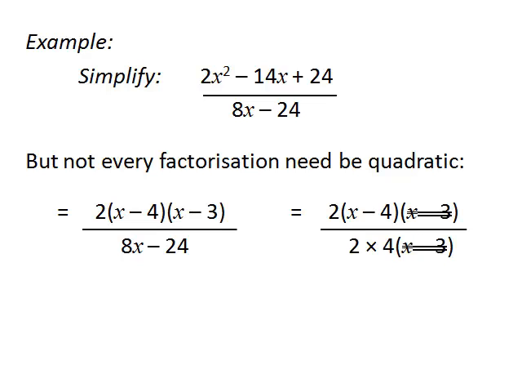So 8 is 2 times 4, and we can cancel that out. That leaves us our answer, the x minus 4 on the top divided by the 4 that's left on the bottom. So beware, not every factorisation is a quadratic, and you've still got common terms to cancel out as well.